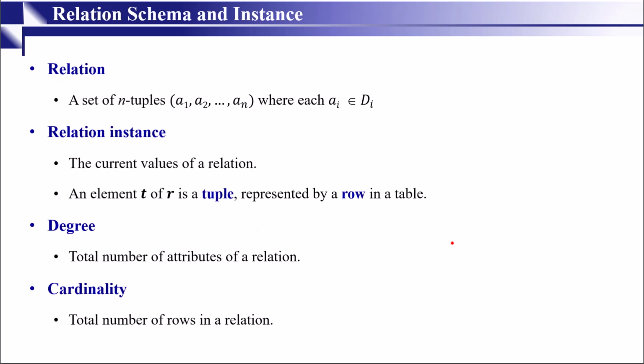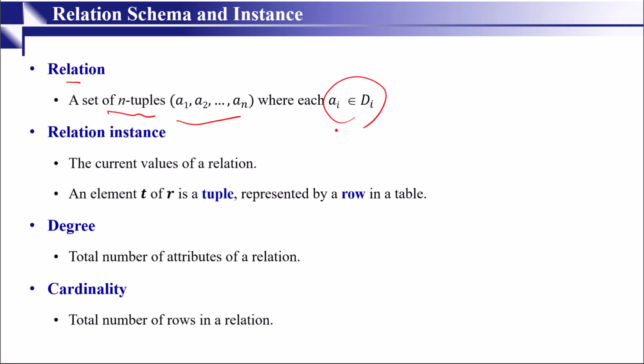Here is where we can connect the schema to actual data. So a relation is a set of n-tuples where each tuple is a row or record, and each value a1, a2, a3 belongs to the domain of the attribute that we have. The relation instance is the snapshot of data in a table at a given time.